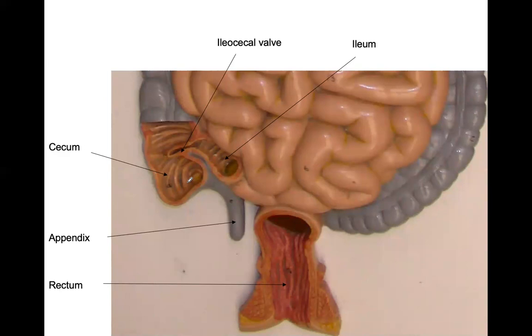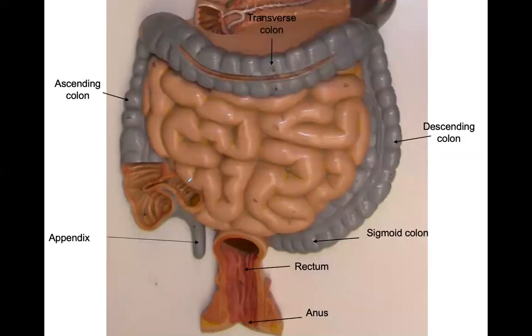Now, this is a different model, so I'm going to show you this picture first, to orient you guys. So right here, if I can visualize, up here would be your liver. On this side would be your stomach. And if I remove the stomach, I can see the pancreas underneath it. These are the coils of your small intestine.